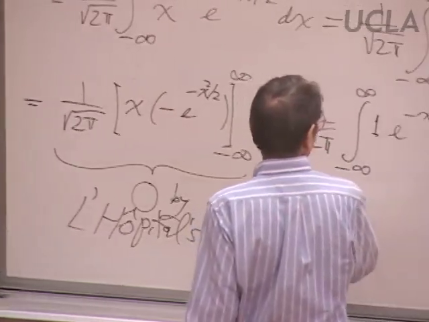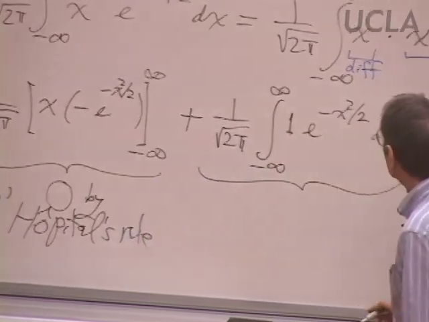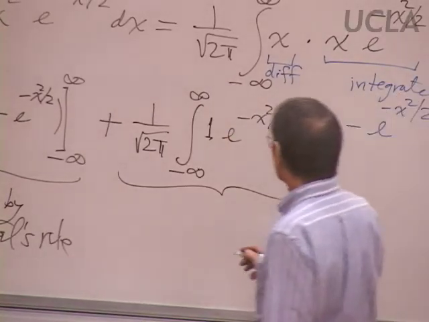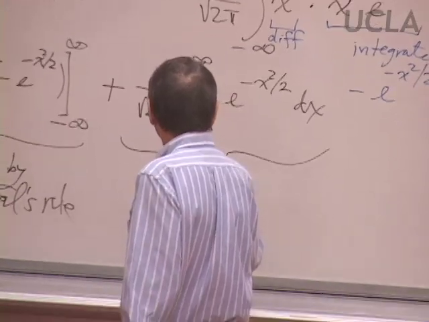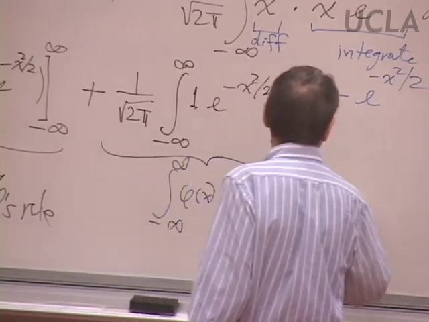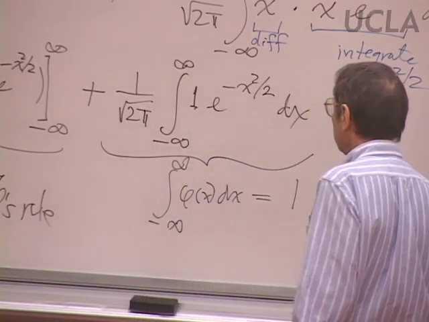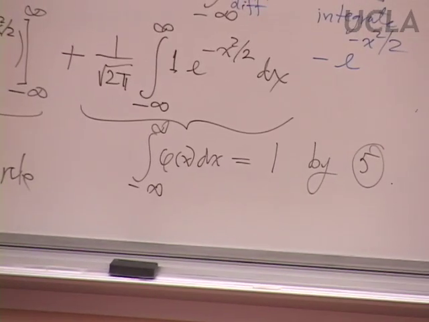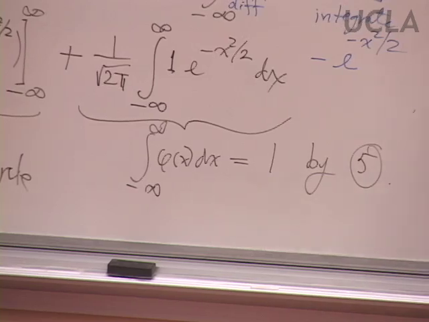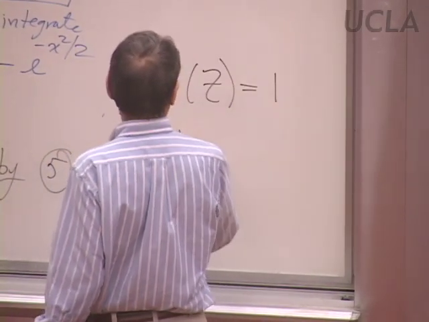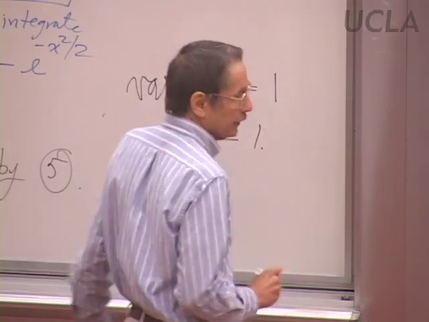And this is nothing but the integral of phi, that's 1 by property 5 of our list of 5 properties. So we know the answer. The variance is 1. The standard deviation is 1.